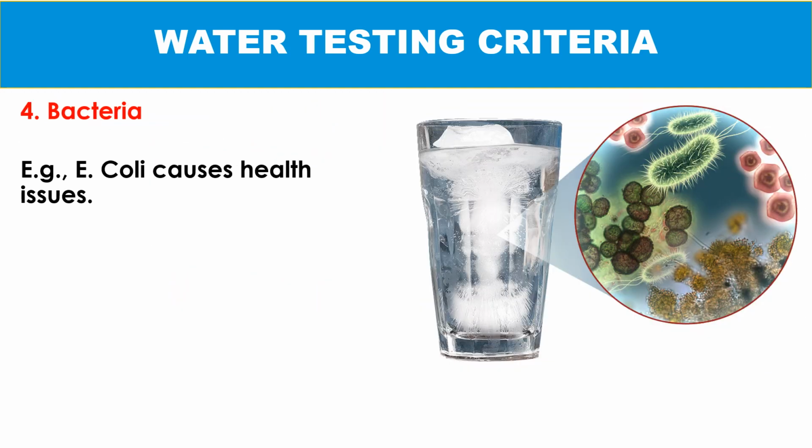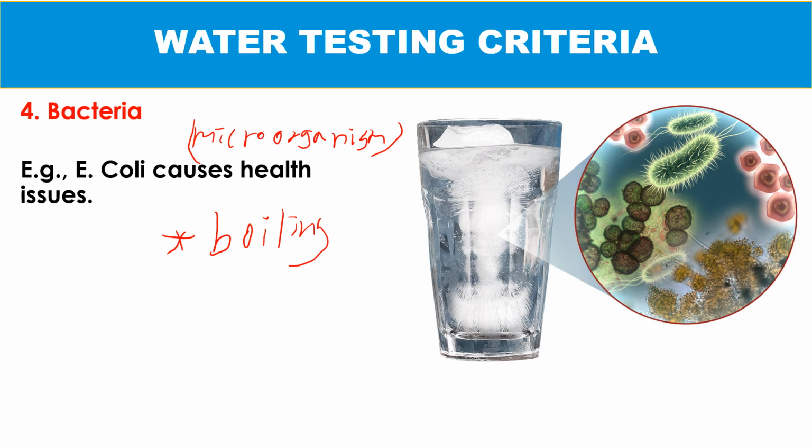The fourth one we talk about is bacteria, or in this case any type of microorganism test. Normally, a few things: boiling, and some of those chemicals, let's say chlorine, fluorine, kill those.